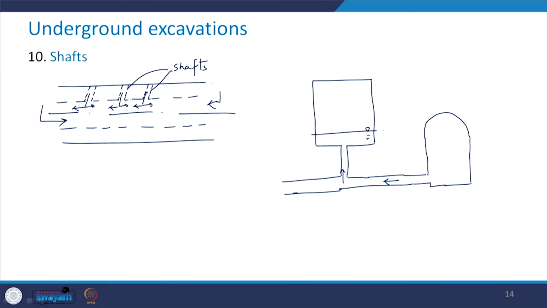Say this is your water level, which can rise up to this. So, this is the surge shaft. So, what happens in case you have a sudden power failure?